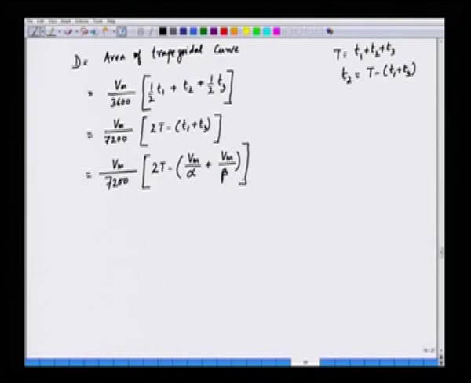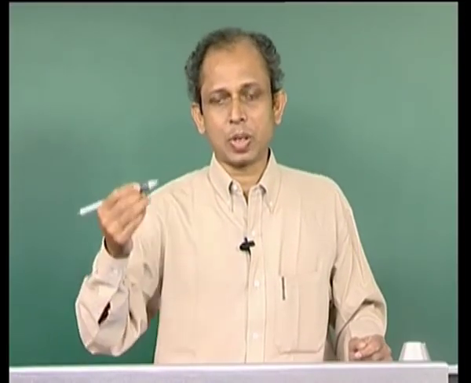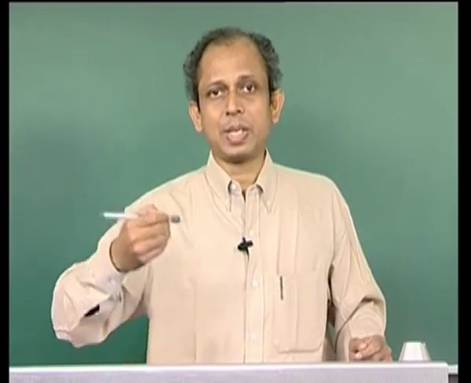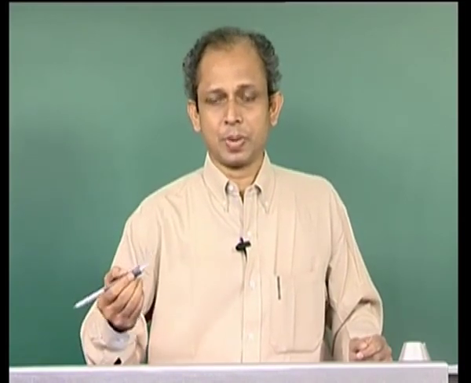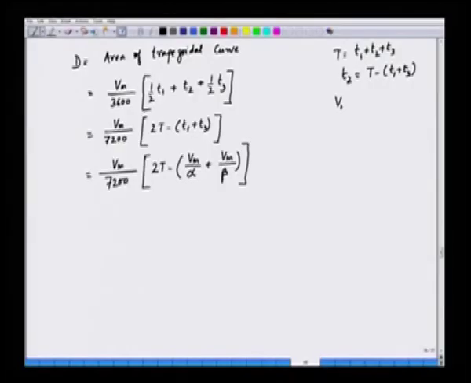So, alpha and beta are the acceleration. If you know the acceleration, you can find out what is T1 and what is T3, because to reach that particular speed we have to accelerate, and that is a constant acceleration. So, in fact, we can say that Vm is equal to alpha into T1, T1 is in second, and also Vm is equal to beta into T3.